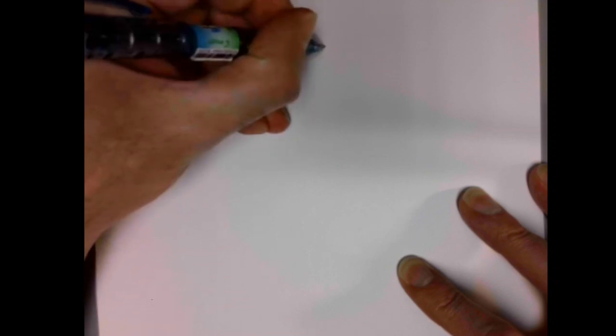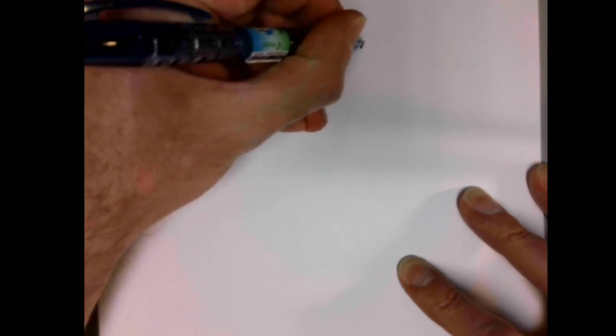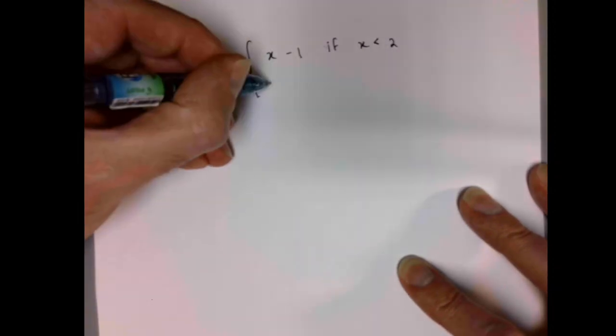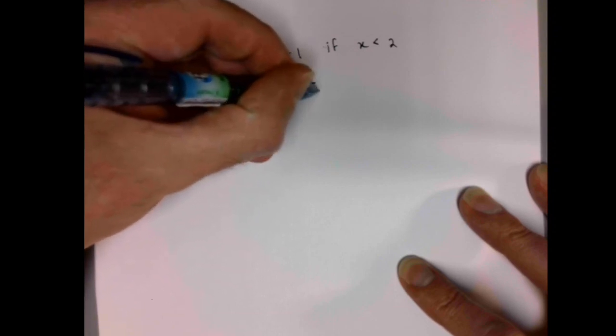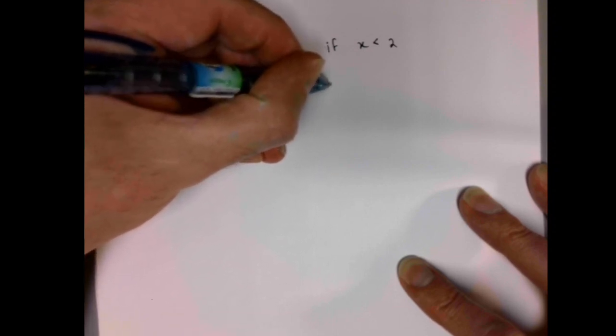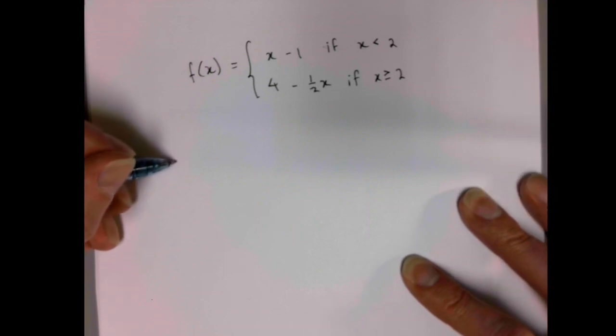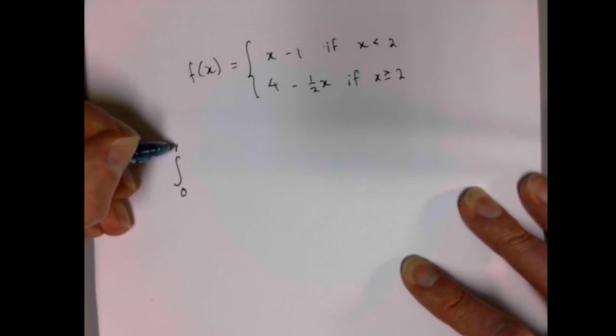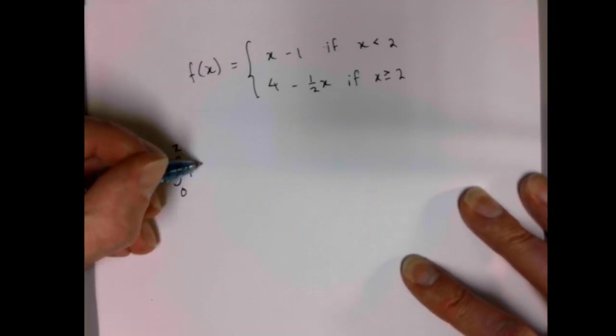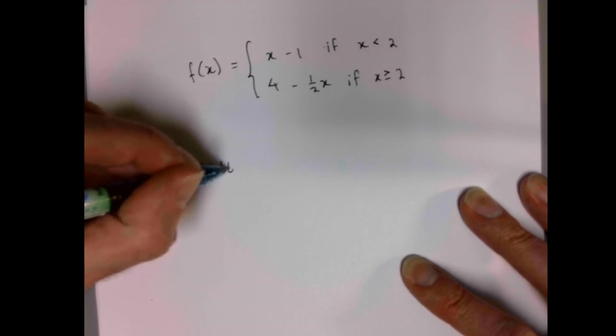We had defined our piecewise function f of x to be x minus 1 if x is less than 2, and 4 minus 1/2 x if x is greater than or equal to 2. I was trying to come up with this function here, the integral from 0 to x of f of t dt.